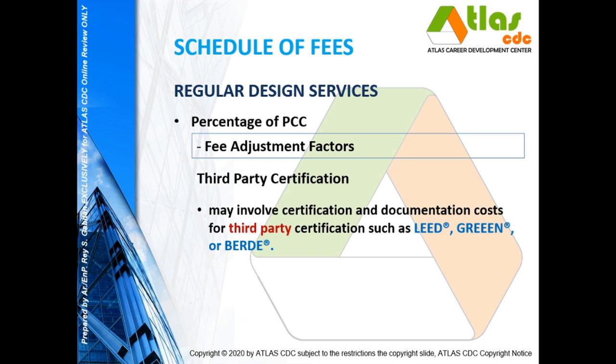So whenever a building is to undergo a green building certification, either through green or verde, there's a need for documentation, and so that could be additional costs on the part of the architect as well.